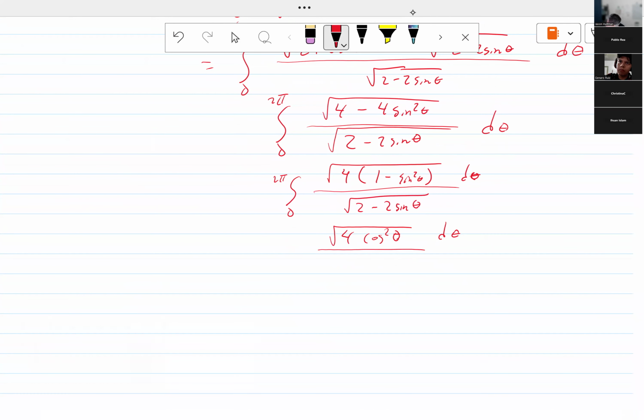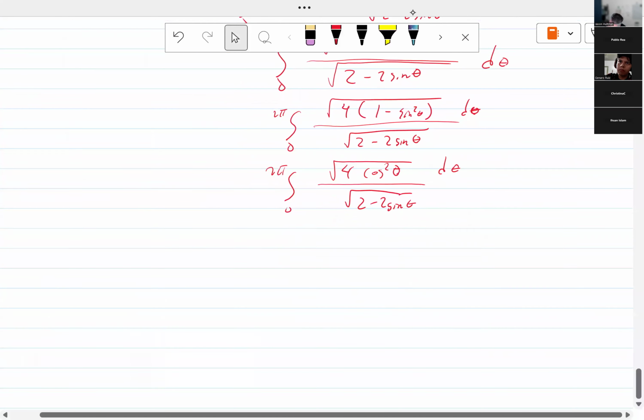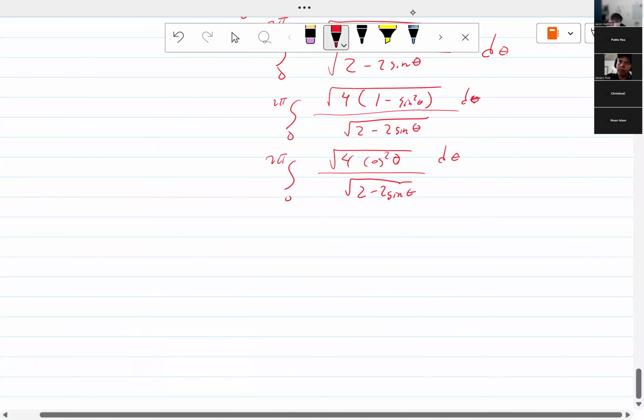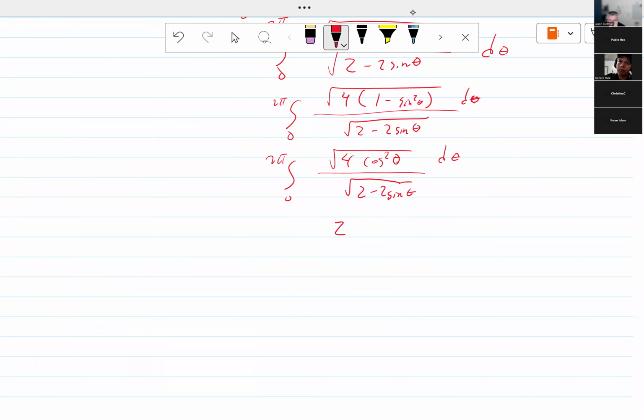Okay. So then this is the square root of 2 minus 2 sine theta on the bottom, 0 to 2 pi. This is going to become 2 times the square root on top times the square root of cosine squared.